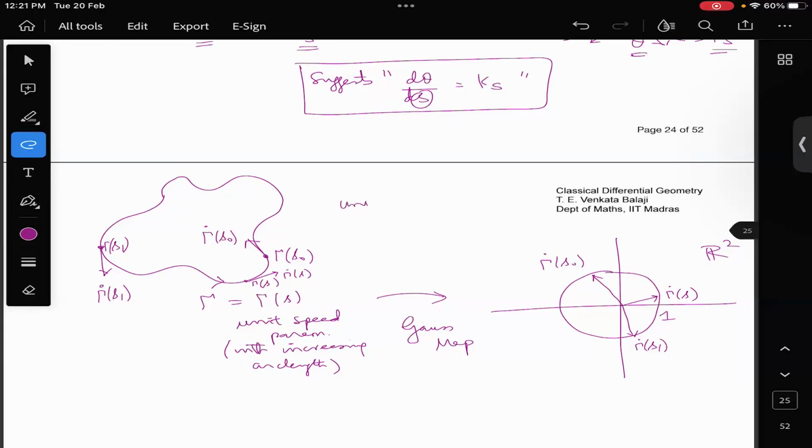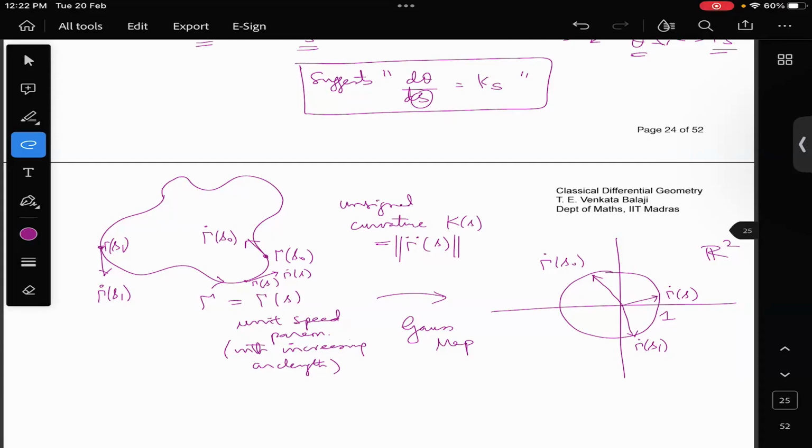So the unsigned curvature kappa is the norm of gamma double dot s. It is the magnitude of the acceleration, but you have to be careful to take only the acceleration of a unit speed parameterization.